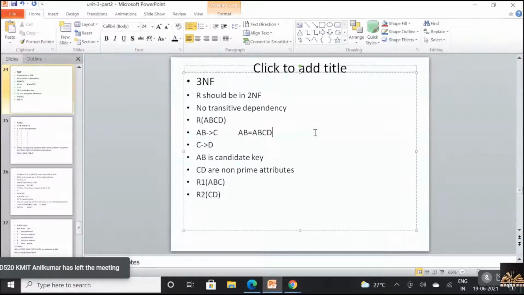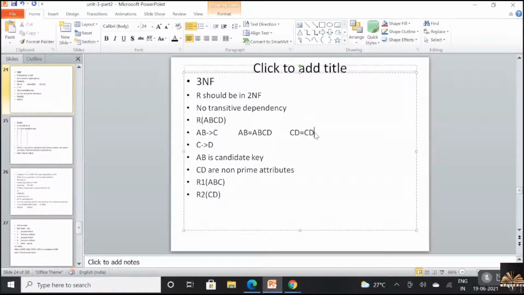Now, you can look at it over here. CD, I'll just find out CD closure. What is CD closure? CD. That's it. I'm not getting any other attributes using CD. Now, if I want to individually check what is C closure, I'll get C, reflexive is C, then C implies D. That's it. Only two I'm getting.